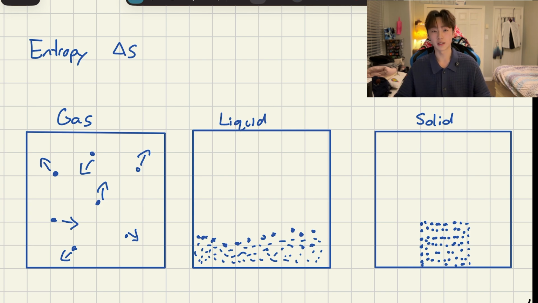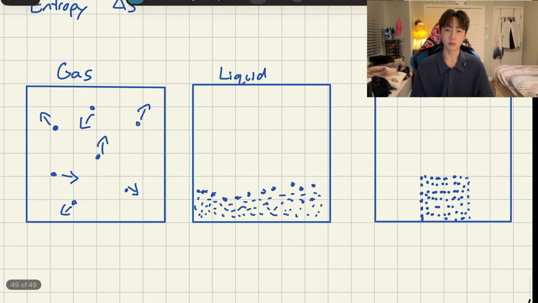So every molecule has its place. But if you look at the gas, the molecules just want to expand and fly everywhere. They're all moving in different directions. That's very chaotic, you could say. So that's why a gas has a higher entropy than a solid. And for a liquid, you can see it's not as entropic or chaotic as the gas, but it's still a little bit more disordered than a solid. So a liquid would be in the middle in terms of entropy.